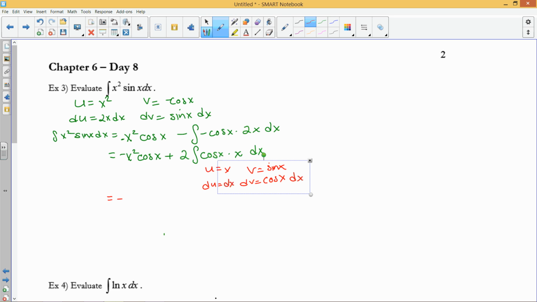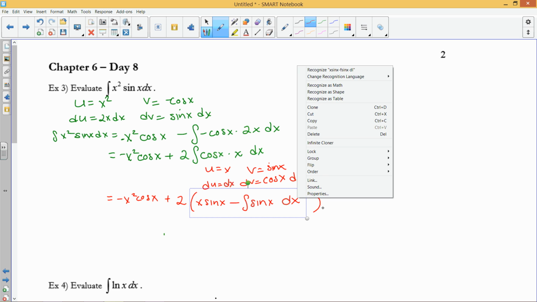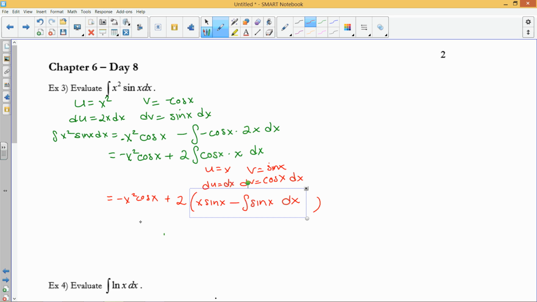So I still have that negative x squared cosine x. I still have the 2, but this integral is now going to become the integral of u dv equals u times v minus the integral of v du. So then I'm going to distribute: negative x squared cosine x plus 2x sine x.